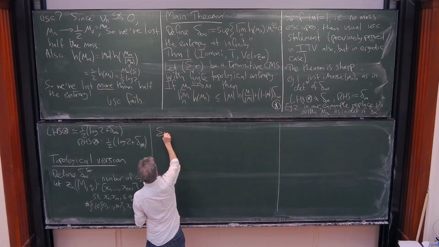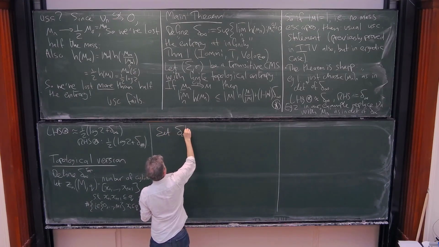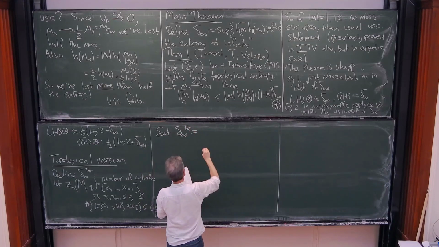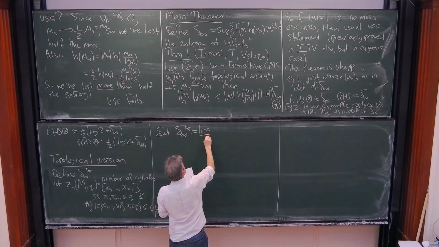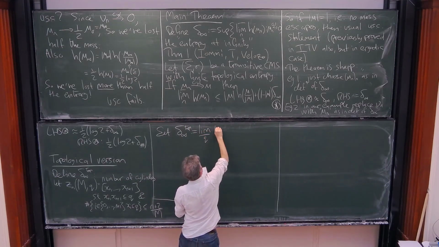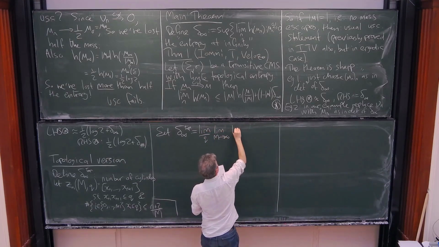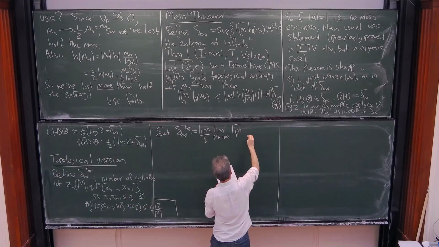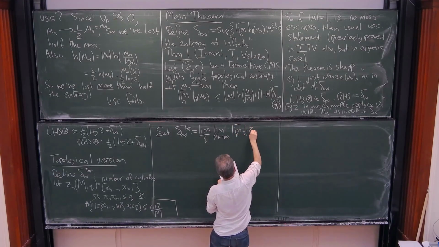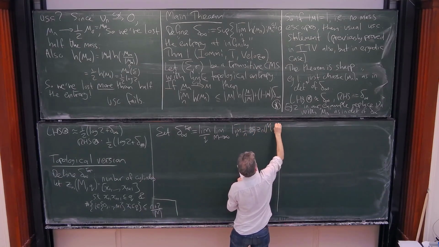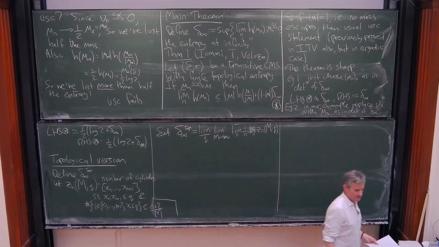So I'm going to set delta infinity top. Let me hopefully get the right number of limits in here. So there's a limit for the q, and then as n tends to infinity, the limsup of 1 over n log Z_{n,q}.